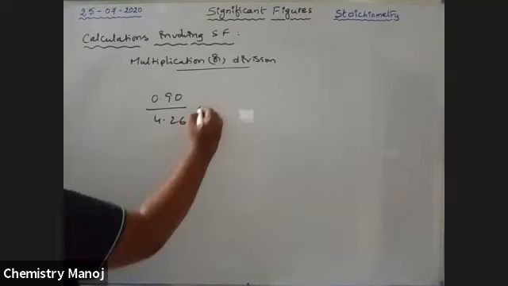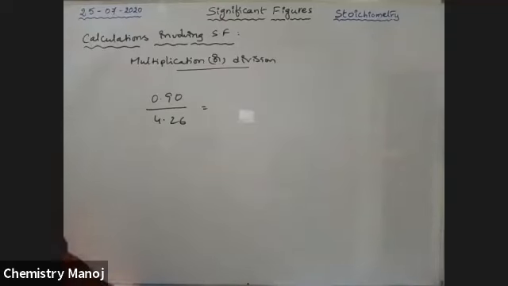Give your correct answer as per significant figures rules. Sir, please wait. Please put your hand down. I will explain. 0.90 by 4.26. How much is the value?